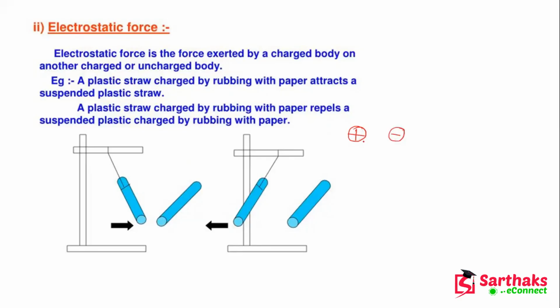Similarly, a plastic straw that is charged by rubbing with paper attracts a suspended plastic straw. This is the plastic straw, and we are charging this one by rubbing with paper.